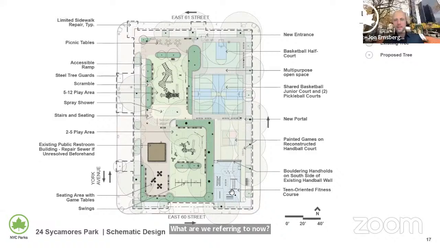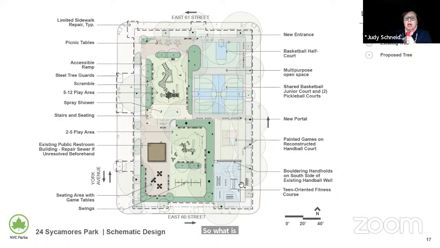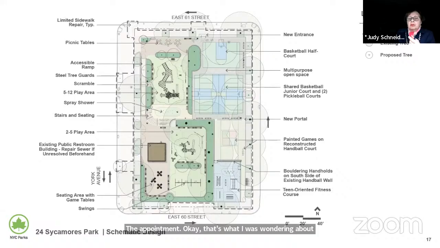Oh, okay, one of the handball courts, the equipment right here. That's what I was wondering about, because you made one side of the handball court a climbing wall. What if someone were to fall while they were climbing?